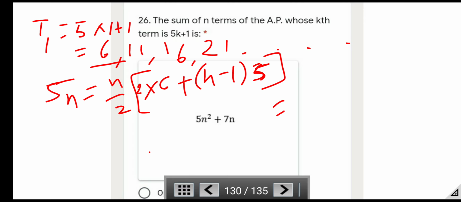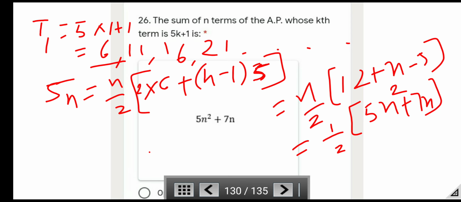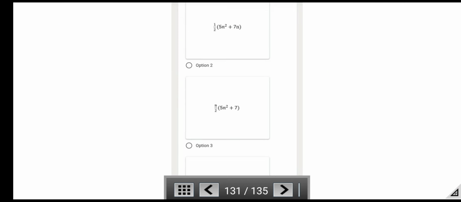It is equal to n by 2 into 12 plus 5n minus 5, which is equal to 1 by 2 into 5n square plus 7n. So this is the right option.